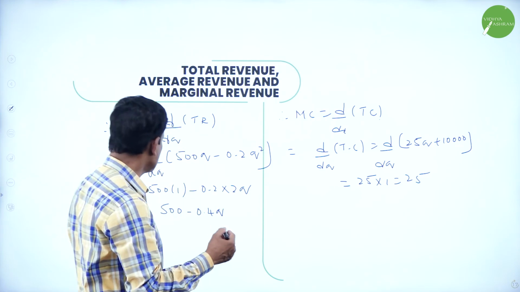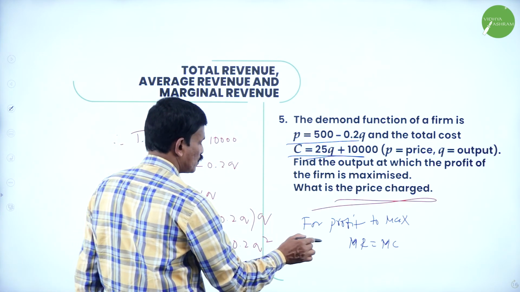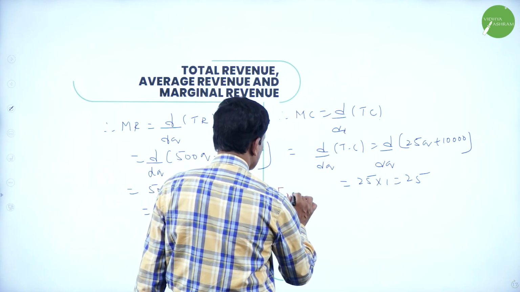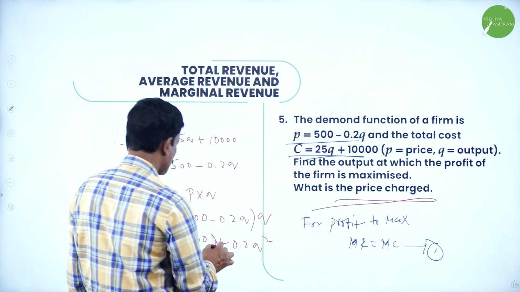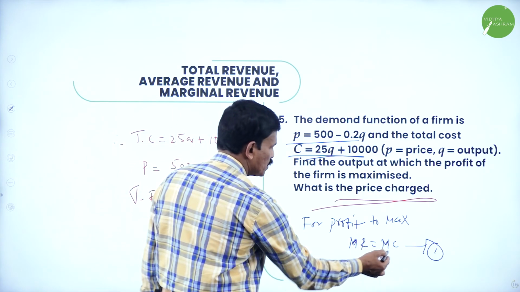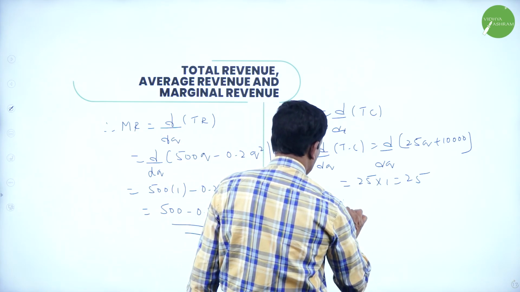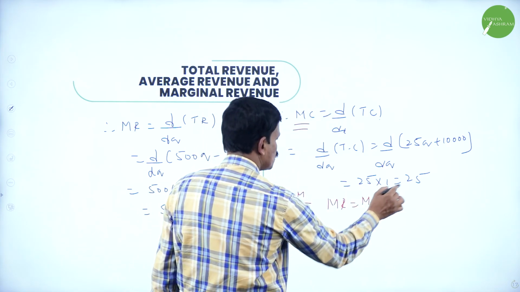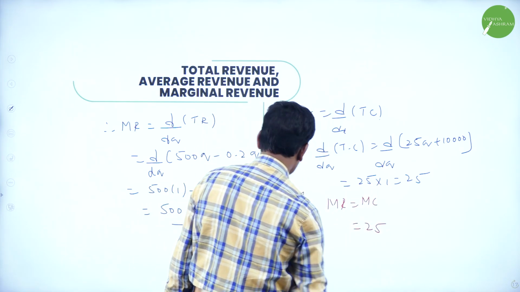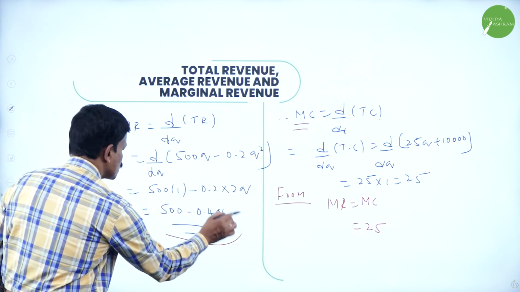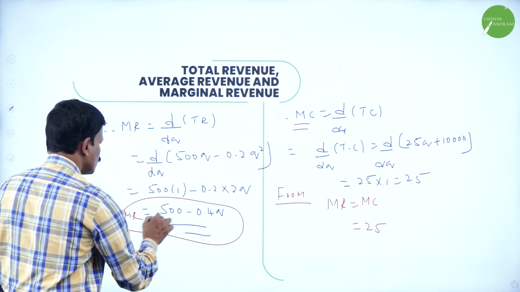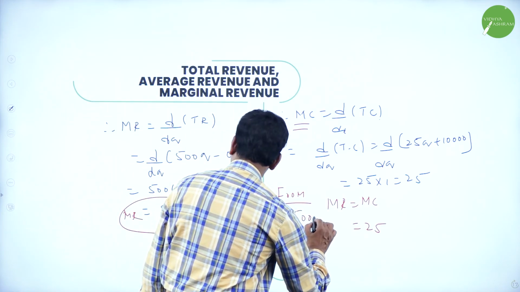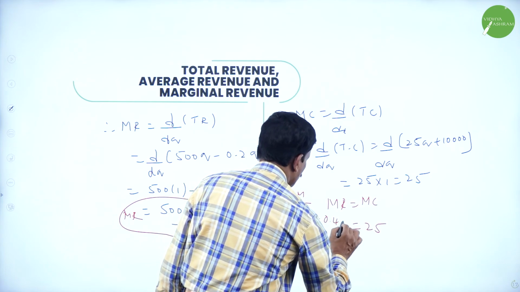Now substitute this in equation number 1. What is equation number 1? This is equation number 1, that is MR is equal to MC. Now what is MC? MC is equal to 25. What is MR? MR is equal to this, 500 minus 0.4Q.